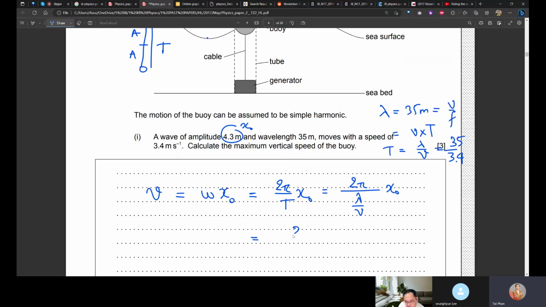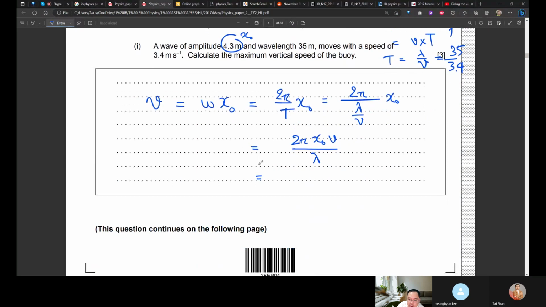Final formula: 2 pi x0 times v over lambda. Or you can calculate the period first and then plug in here. 2 pi times x0, which is 4.3 meter.